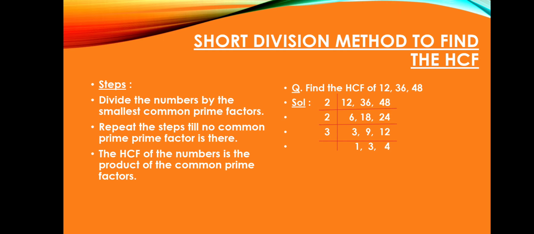So we will get 1, 3 and 4 as the quotient. But here 1, 3 and 4 have no common prime factor. So the HCF will be the product of the common prime factors, that is 2 into 2 into 3, that will give us 12 as the HCF.